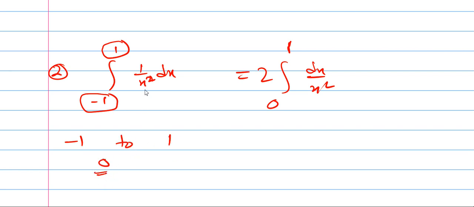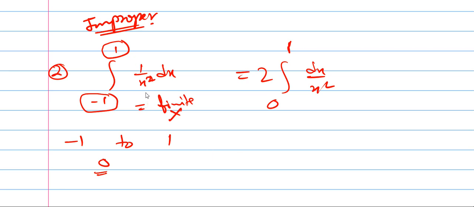When I put 0 here, this becomes infinity. So if you are not using any formula, you may get some finite answer, but that answer is incorrect because it is a form of improper integral.